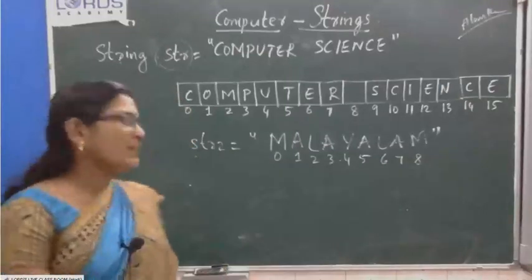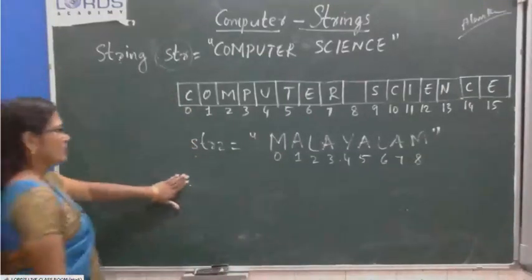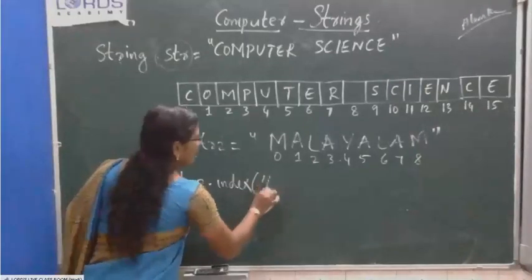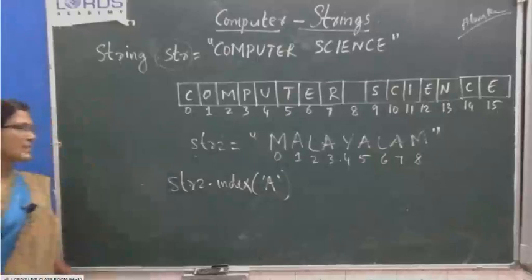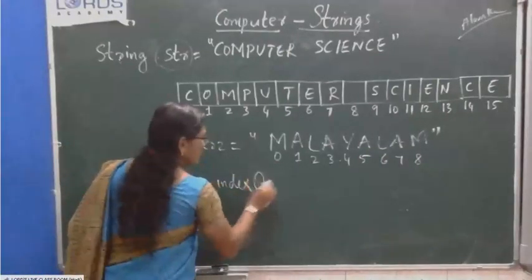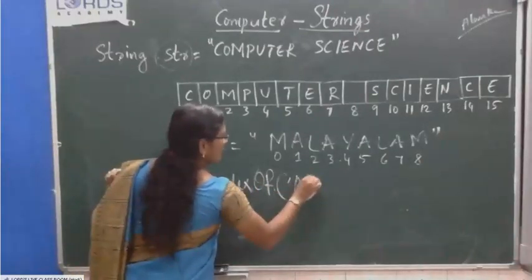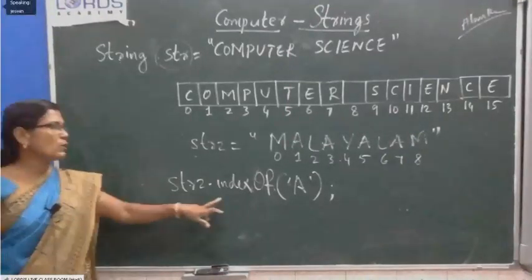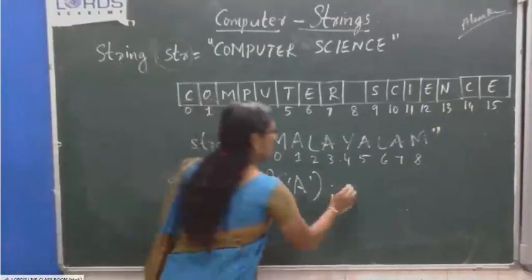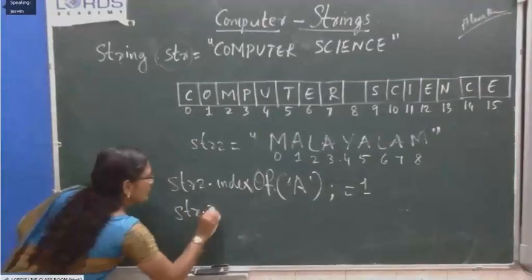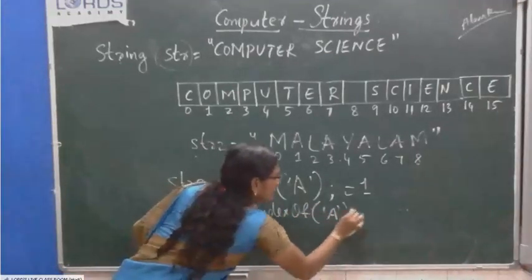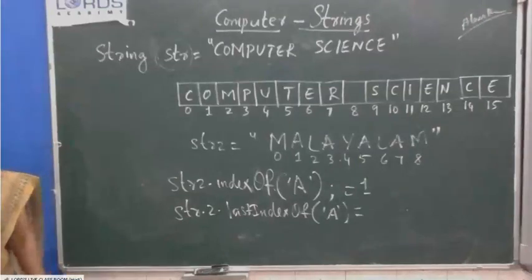What is the index number of A? str2 dot indexOf A. What is the output? Amlin. 1. str2 dot lastIndexOf A. 7.